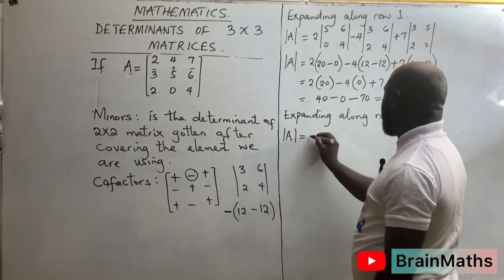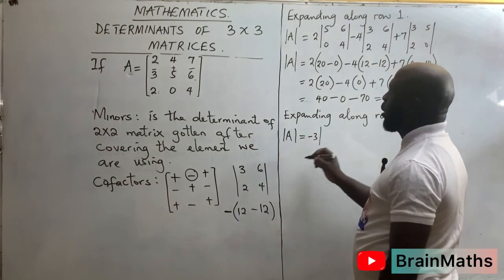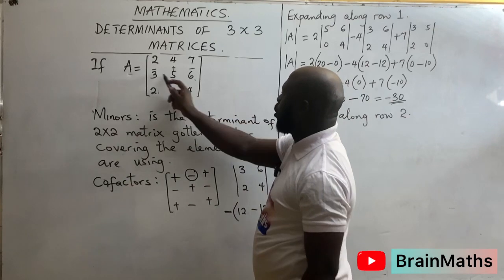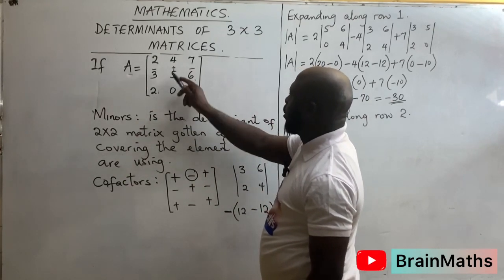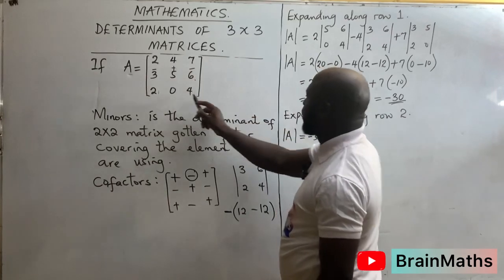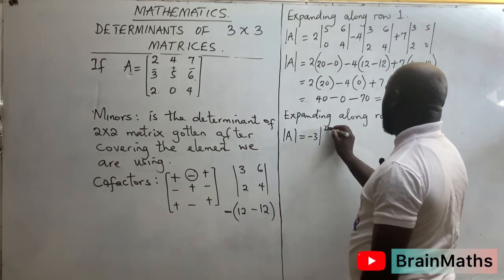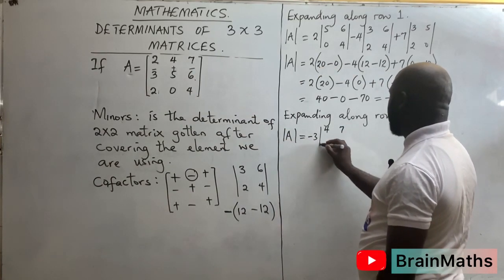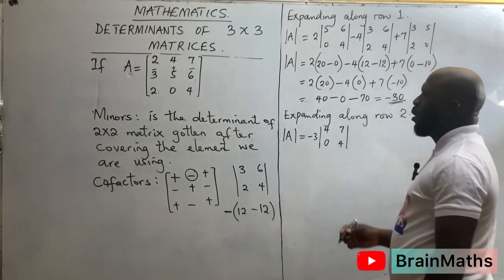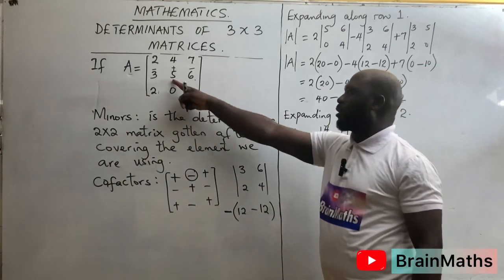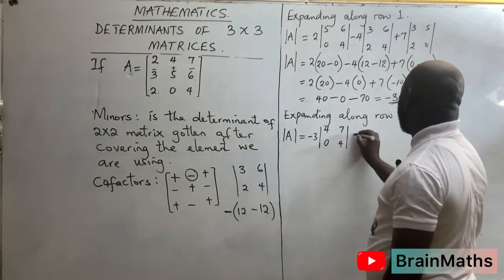The first one will be minus 3. Now, if you cover the row of 3 and the column of 3, we are left with 4, 7, 0, 4. Also, the next one is plus 5.